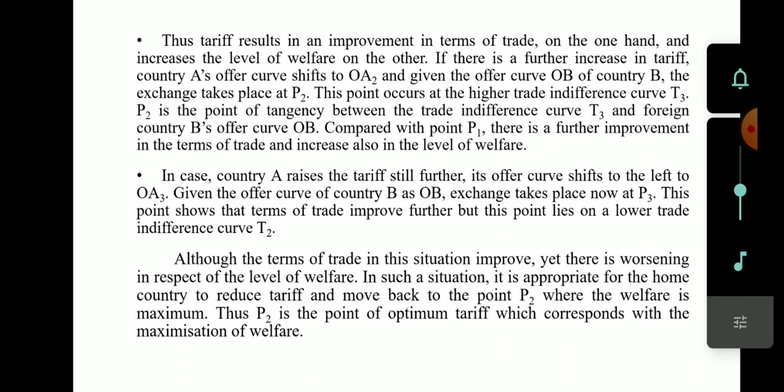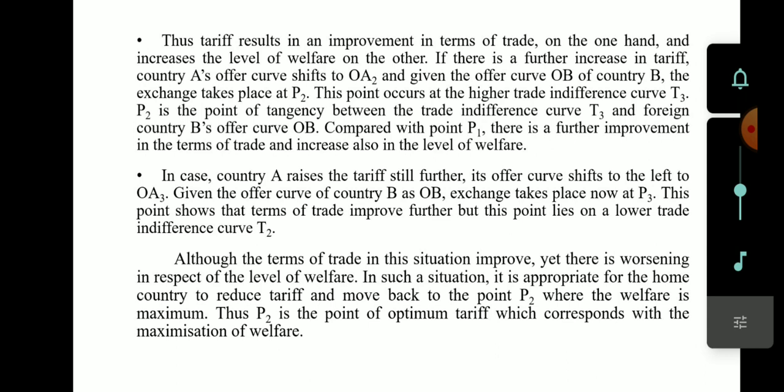P2 is the point of tangency between the trade indifference curve T3 and foreign country B's offer curve OB. Compared with the point P1, there is a further improvement in the terms of trade and increase also in the level of welfare.